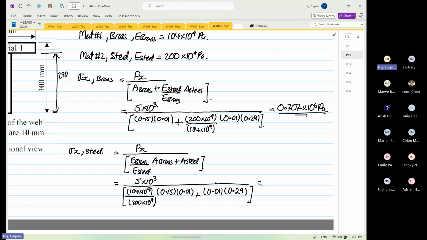So this will yield 1.359 Pascal. Let me do it again.